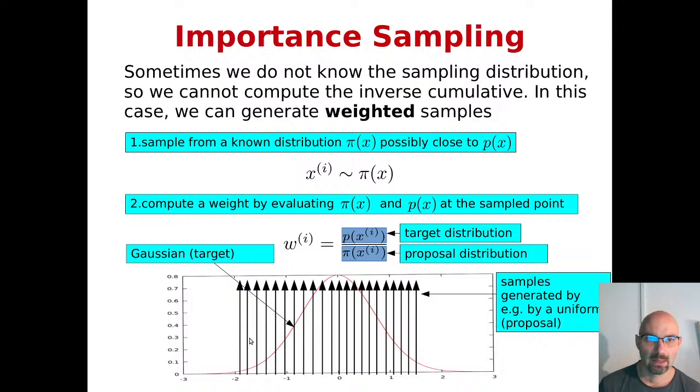Now, there is another aspect in the continuous case. In the continuous case, the situation becomes a little bit more complicated. Because sometimes we do not know the sampling distribution, which means that we do not know P of x, or at least we do not know it in closed form, or at least we are not able to calculate the cumulative density function.